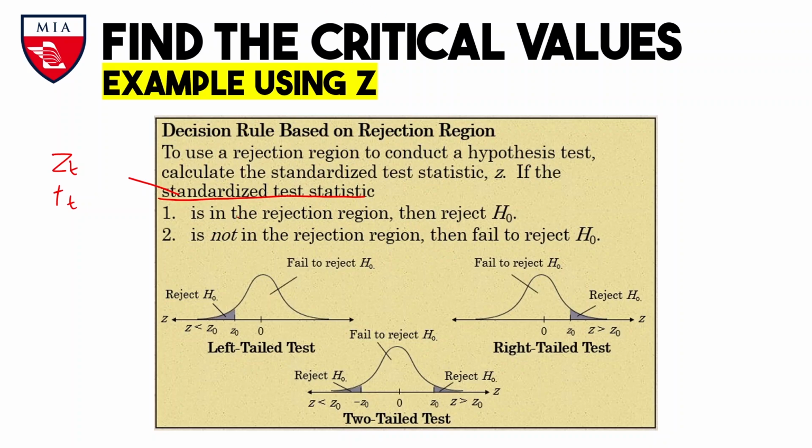So if the value of our z-test or t-test is in the critical region, I mean rejection region, wherein this rejection region is our z-critical or t-critical, then reject the null hypothesis. On the other hand, if the z-test or t-test value is not in the rejection region, or is not in the region wherein there is a value of z-critical or t-critical, then we fail to reject our null hypothesis.